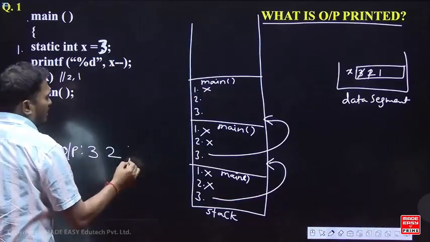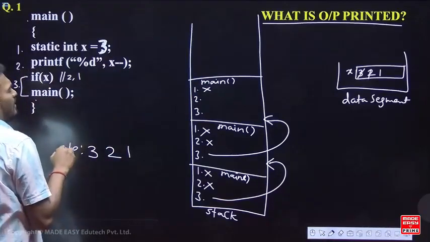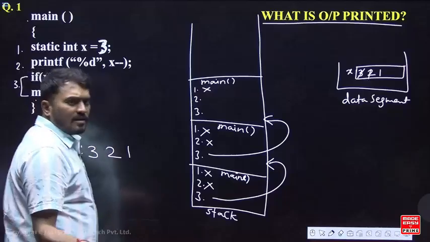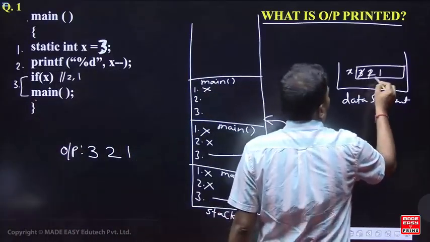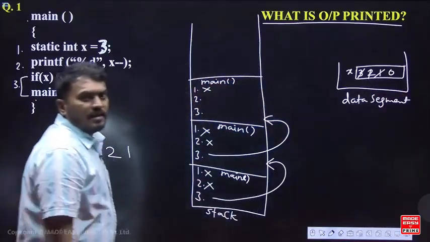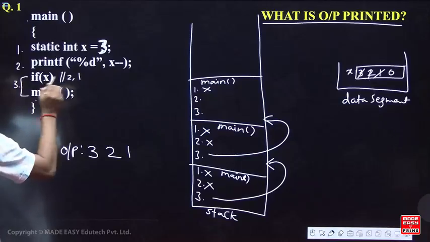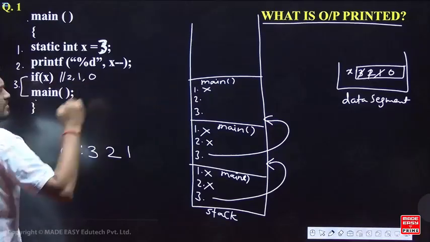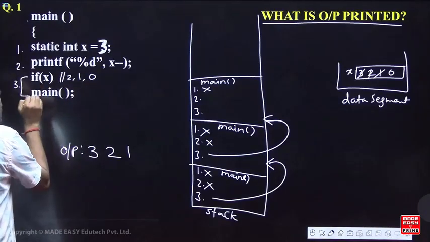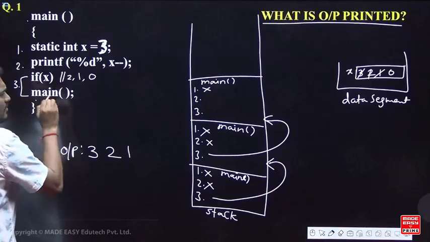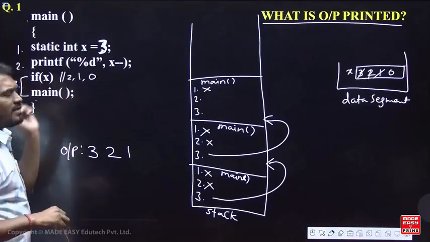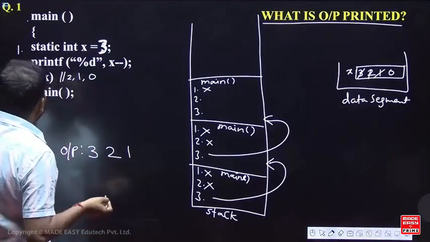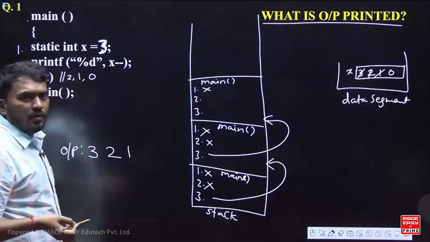The x value is 1, so it prints 1. Since x minus minus is post decrement, x becomes 0. Next, if x is non-zero: x is 0 now, and 0 means false. So will main be called again? No.